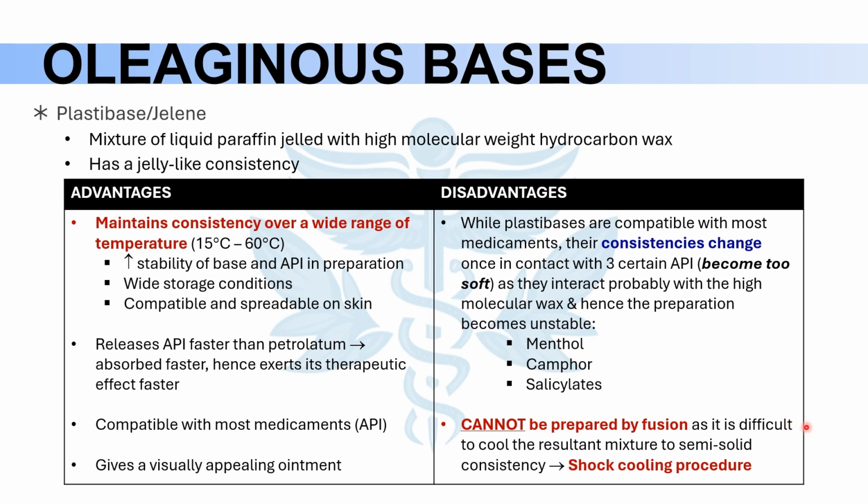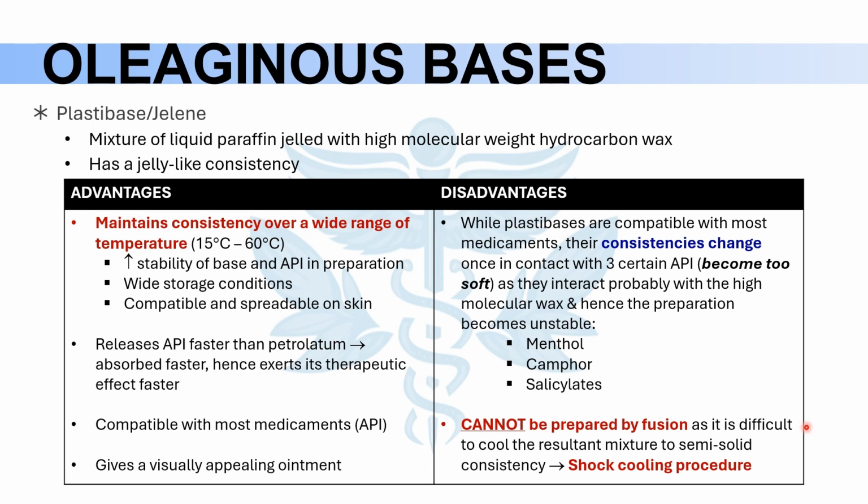Plastibases cannot be prepared by fusion. Fusion is one of the methods we can use to prepare an ointment where the components are melted in order from the highest melting point to the lowest melting point, and then stirred gently and cooled over time. We're going to cover this more in the third video on ointments, but basically this method doesn't work for plastibases as it would lose its semi-solid consistency, again forming a viscous liquid instead.